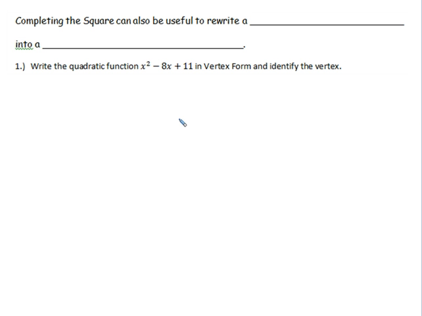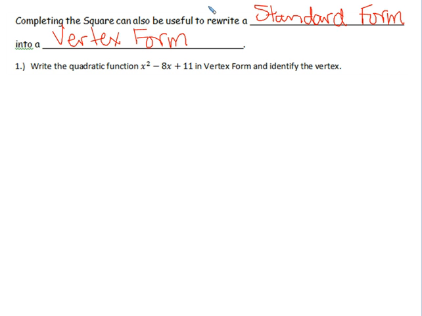All right, one last thing we're going to talk about with this completing the square is how it's useful to rewrite a standard form equation into a vertex form equation. So we're going to change the way our equation looks, from standard to vertex. In I think the very first lesson, 10.1, we talked about going from vertex to standard.